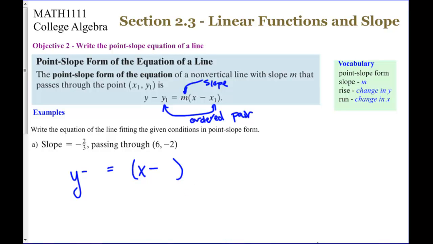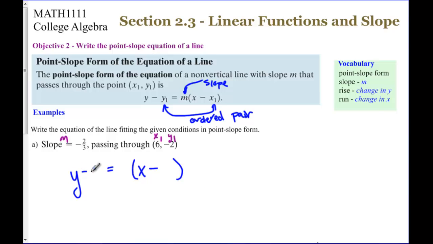To be extra careful, so I know that my slope is m, and then my point is going to be x1, y1, because again, it's alphabetical. Please do label your point x and y, because it's just so easy to get it backwards. Because we have our point is xy, right? But whenever we're plugging it in, we're plugging it in y first and then x. So it's just easy to get it backwards.